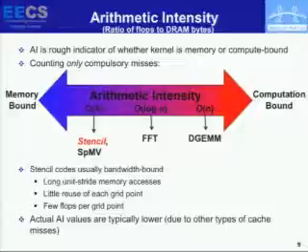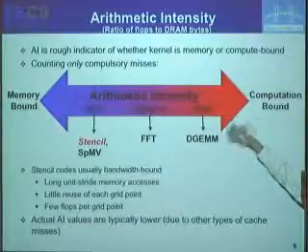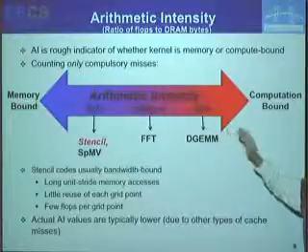So where do stencils fall in with other mathematical computations? One way to classify it is arithmetic intensity, which is the ratio of flops to DRAM bytes transferred. In this case, we're talking specifically about compulsory misses. We're not going to deal with other types of cache misses that may occur because hopefully we can find ways to avoid them. If we look at the spectrum of arithmetic intensity, you can see that DGEMM, a double precision generalized matrix multiply, is O of n because you do n cubed flops and you transfer n squared data or thereabouts.